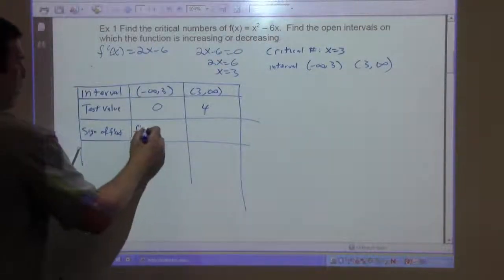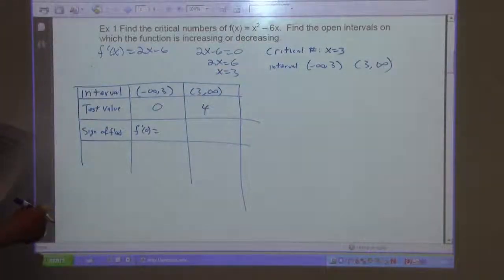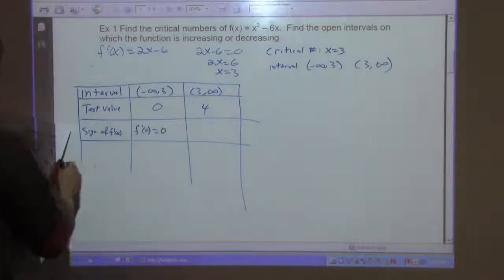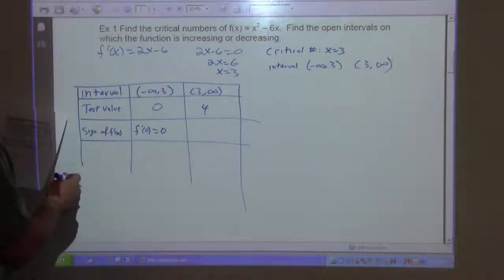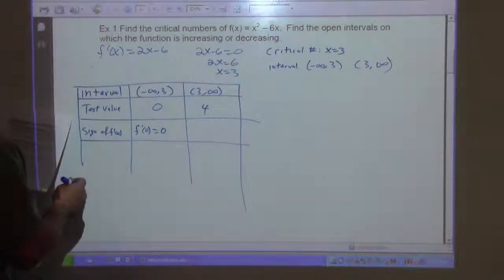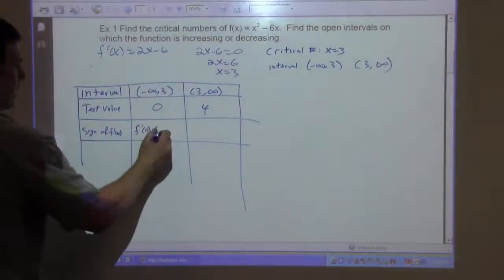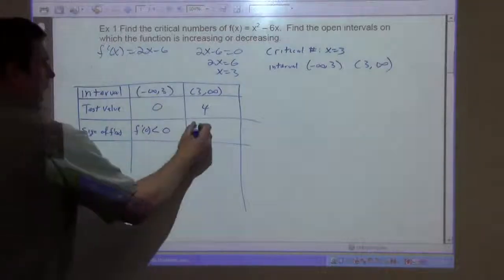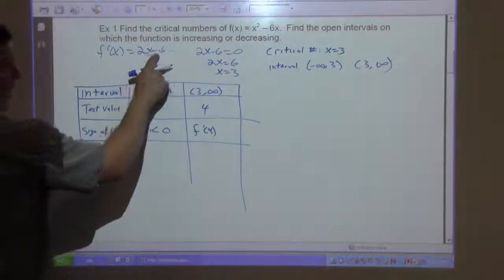f prime of 0 is going to be, let's choose a different value. Oh, f prime here is negative 6, so it's less than 0. f prime of 4 is going to be 2 times 4 is 8, 8 minus 6 is 2.